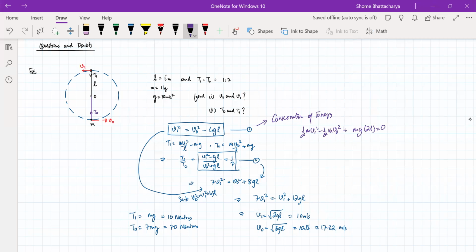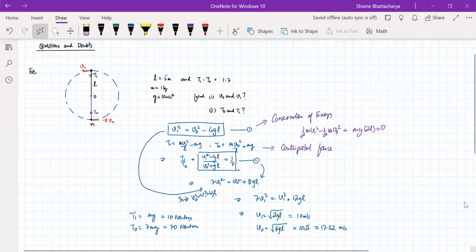And these are coming from centripetal force concept. Okay, so I think this question is done. Let's move on to the next one.